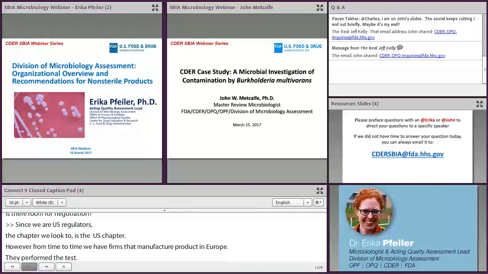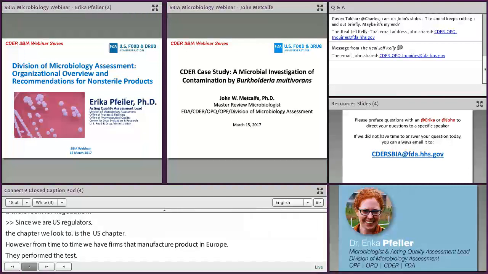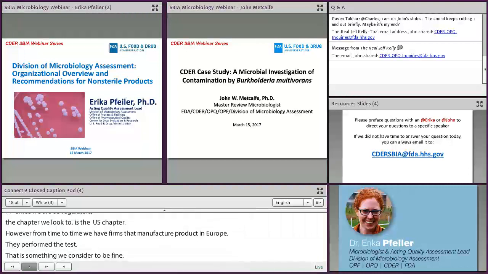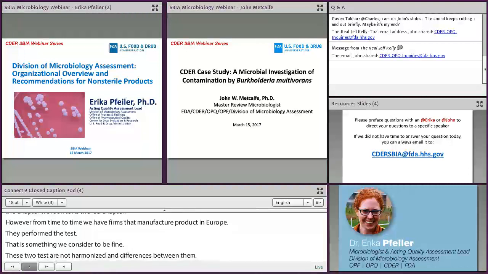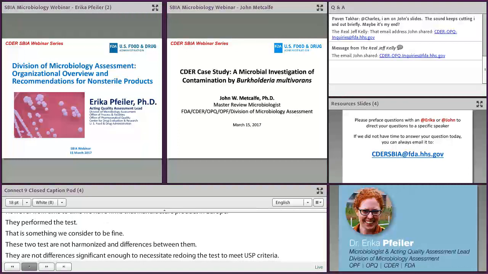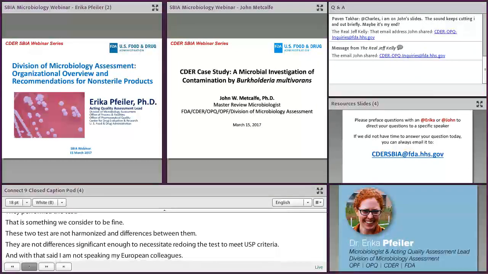These two tests are not harmonized. There are some differences between them, but they're not differences that are significant enough to necessitate redoing the test just to meet USP criteria. And that said, I'm not speaking for my European colleagues. That would be a question, if USP criteria were acceptable, that you would want to direct to them.